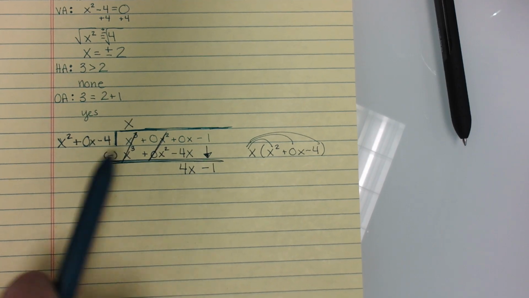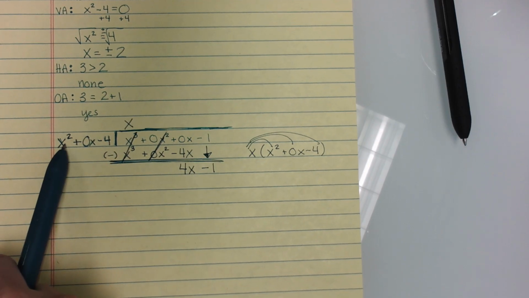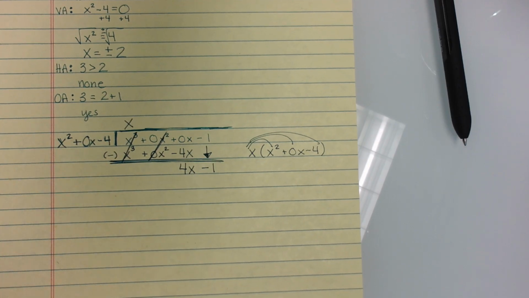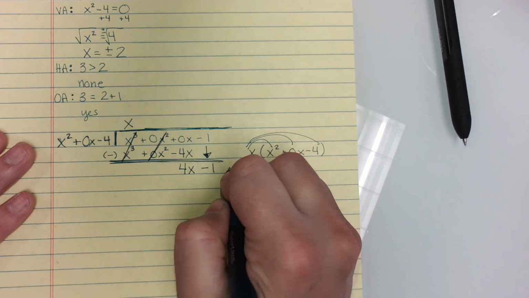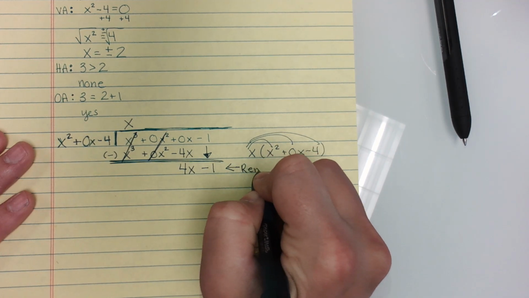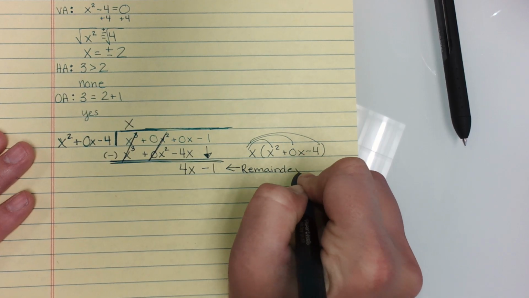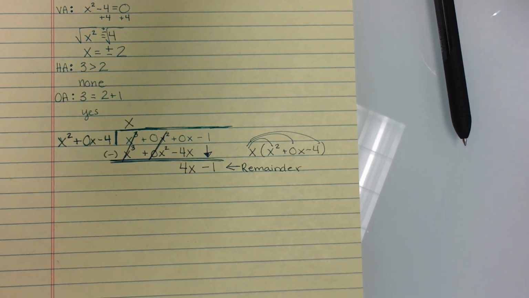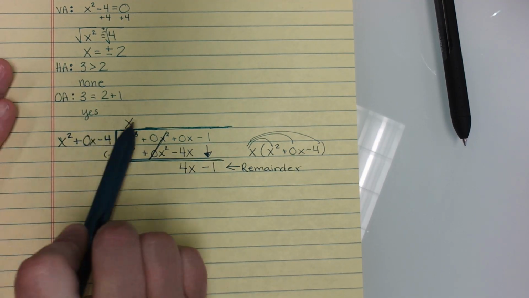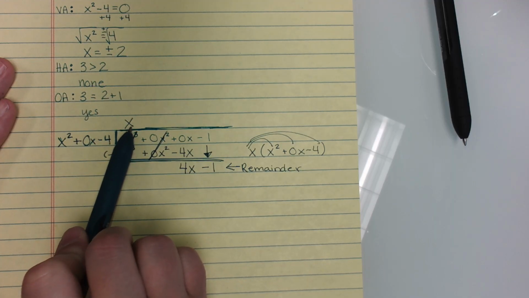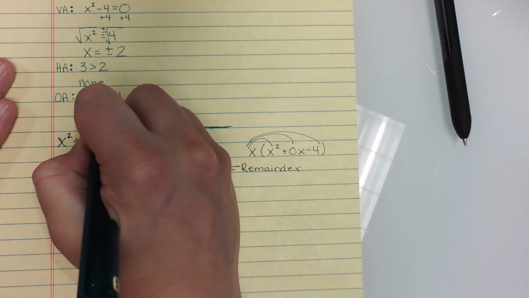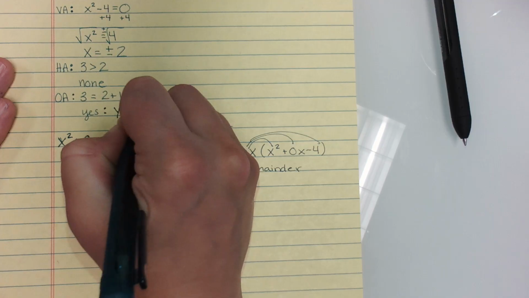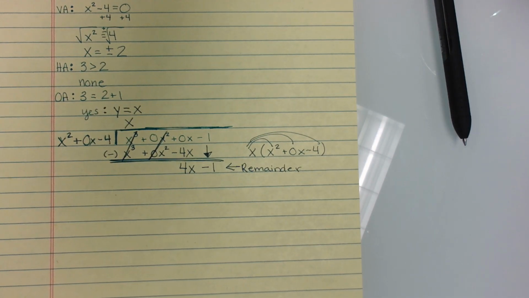Do you notice this has fewer x's than that now? That means it's the remainder. I don't care about the remainder. The moment you get to the remainder, you can stop. The answer, x in this case, or more accurately, y equals x, is the oblique asymptote.